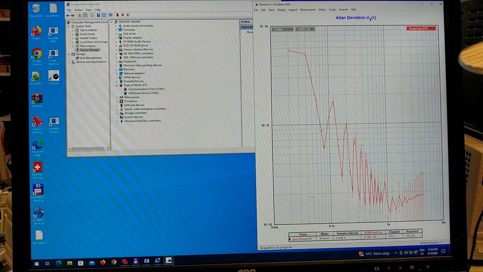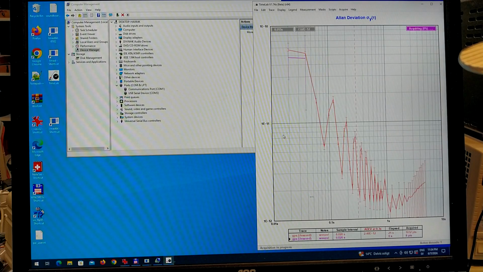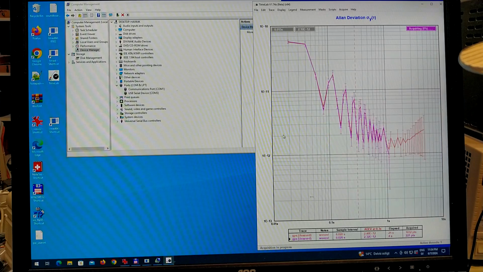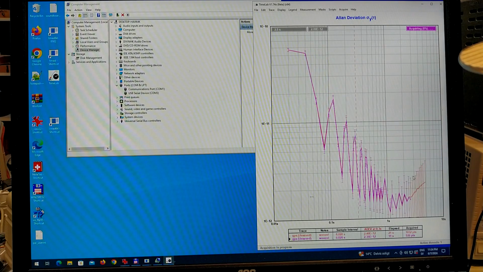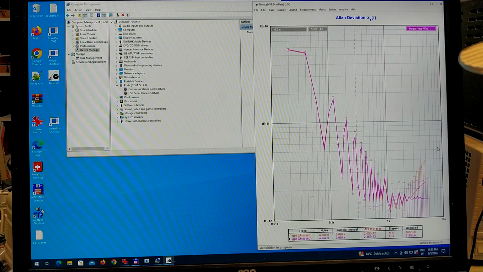Well, I stop here and start again to look at reproducibility, and it looks perfect. And then at longer times, maybe it differs a little. But very little. No, a little more here. But we can see the error bars.